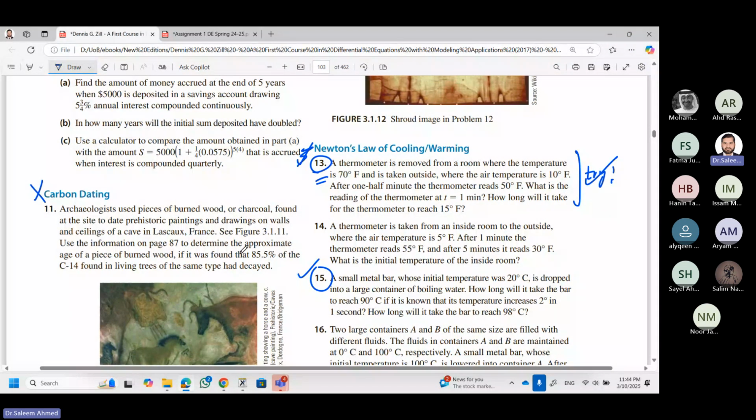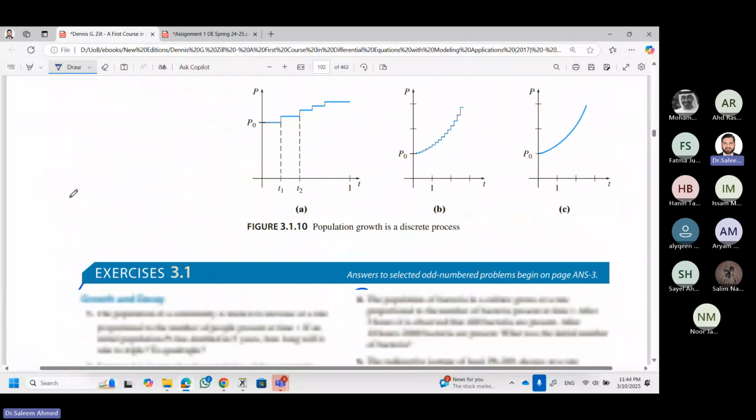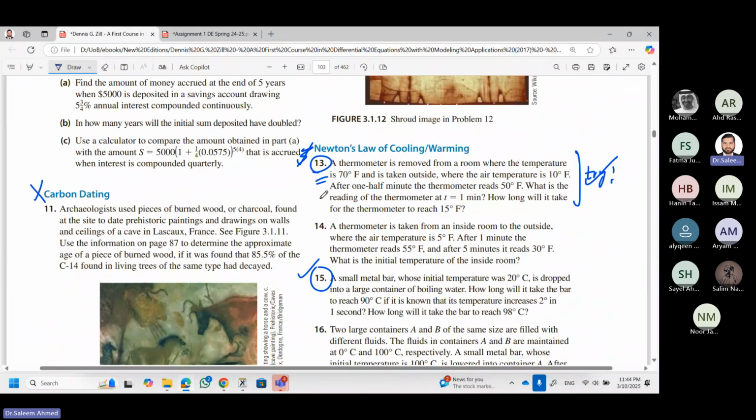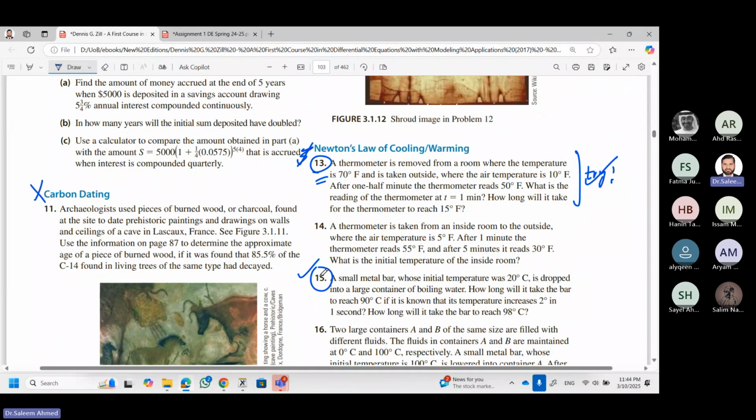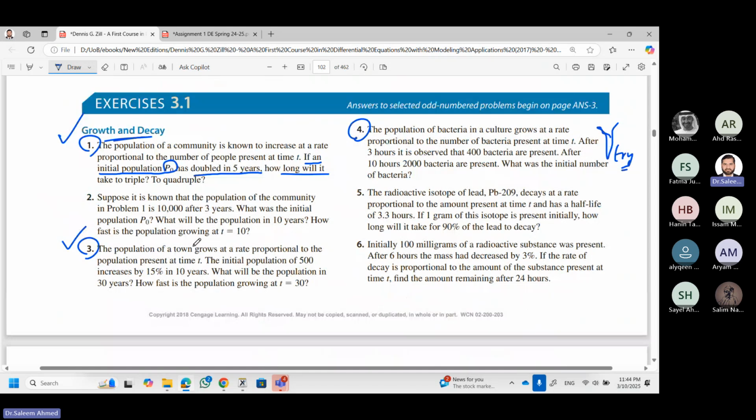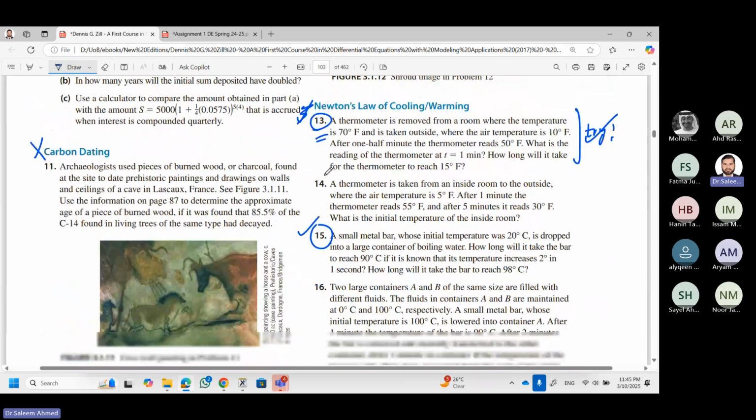So just look at these solved problems: 1, 3, 13, and 15. If you just see these on your Moodle and try to repeat them, that's enough. Even if you don't want to do 14 and 4, no issues. So if you just look at these questions which are already solved on Moodle, 1, 3, 13, and 15, I think they will be enough.